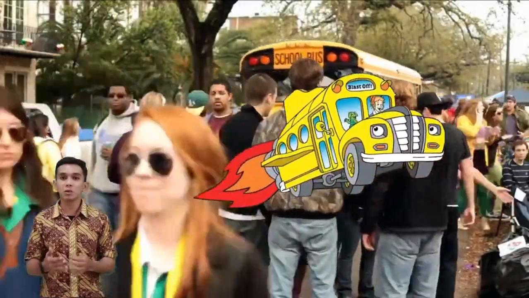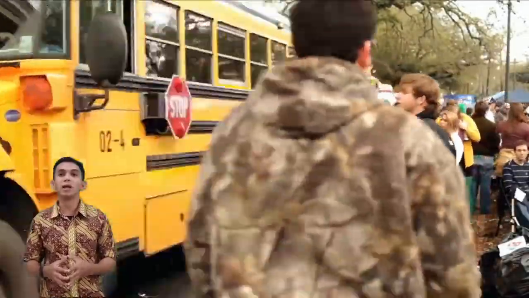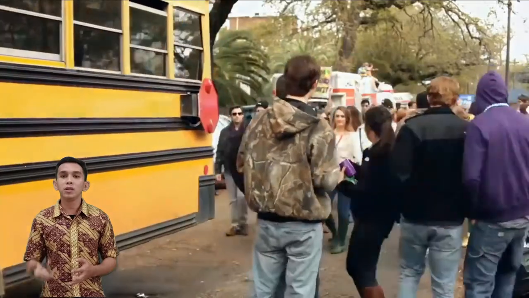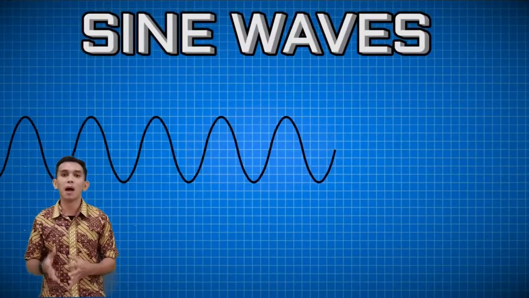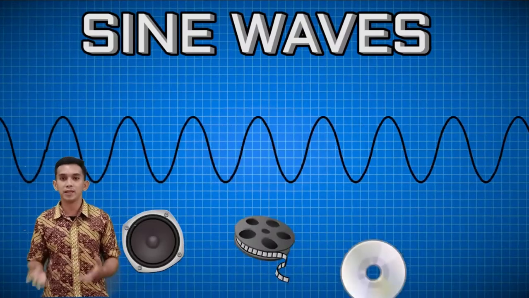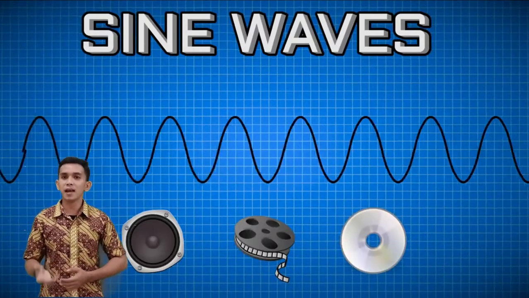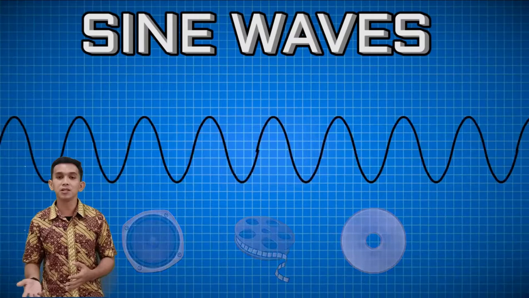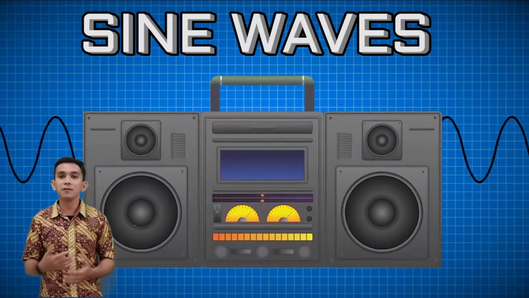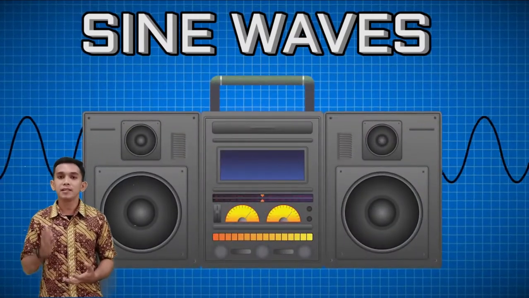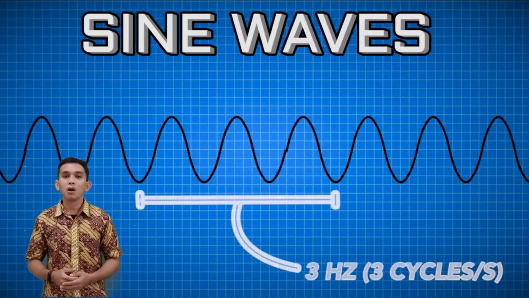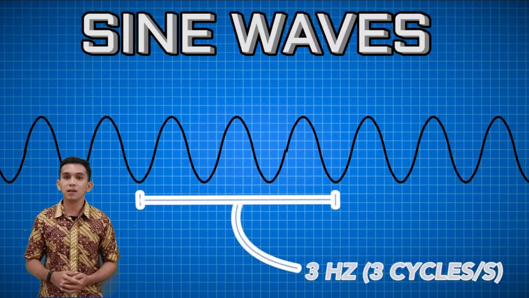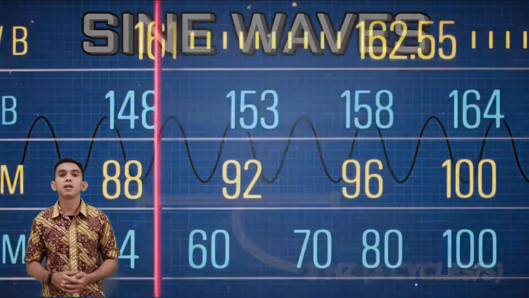Riding the magic school bus back to the modern era, in today's radios, we use sine waves to transmit all sorts of information from audio to video to raw data. By utilizing sine waves for transmission, radios and devices can distinguish different channels based on their frequency, or the number of cycles in the sine wave per second.